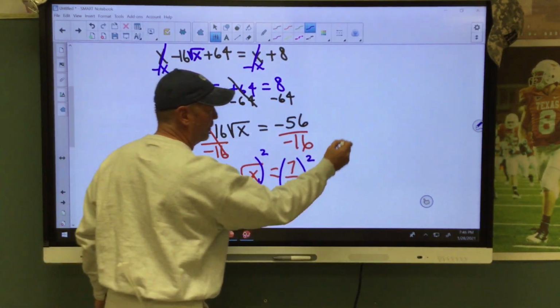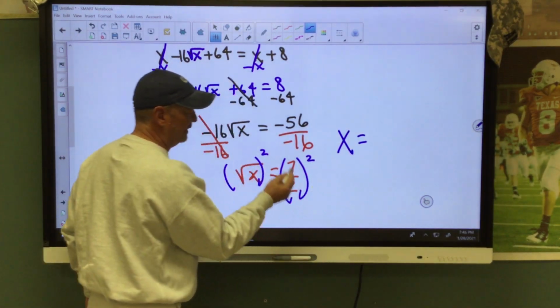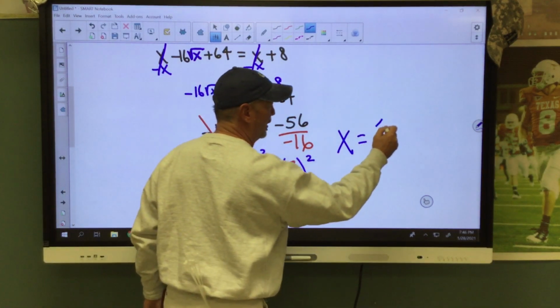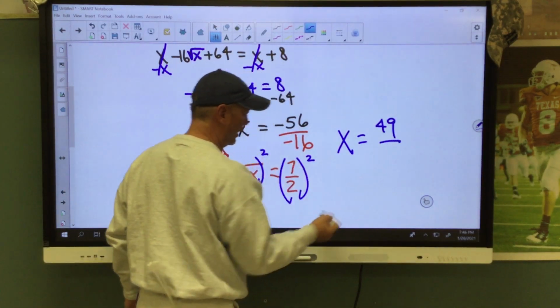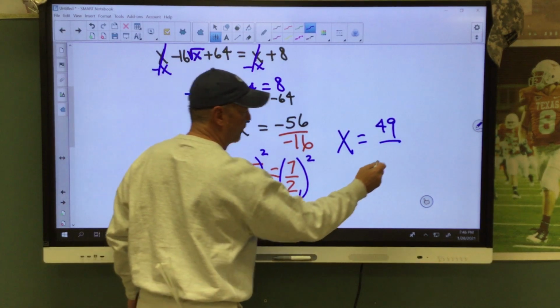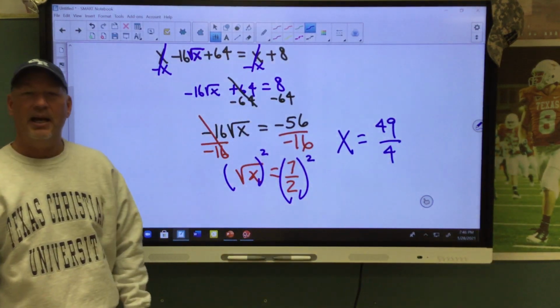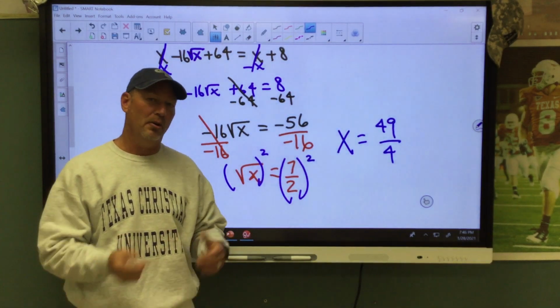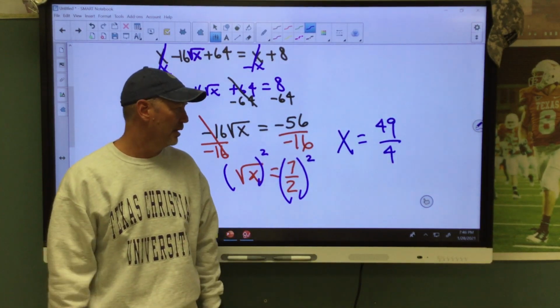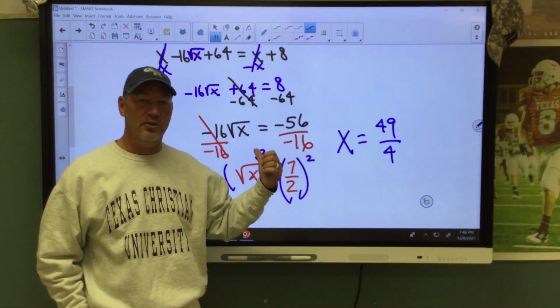The x will come out. 7 times 7 is 49. 2 times 2 is 4. Tough problem. I don't think we'll give you something that hard on the test, but at least you know what's going on and you know how to do this.